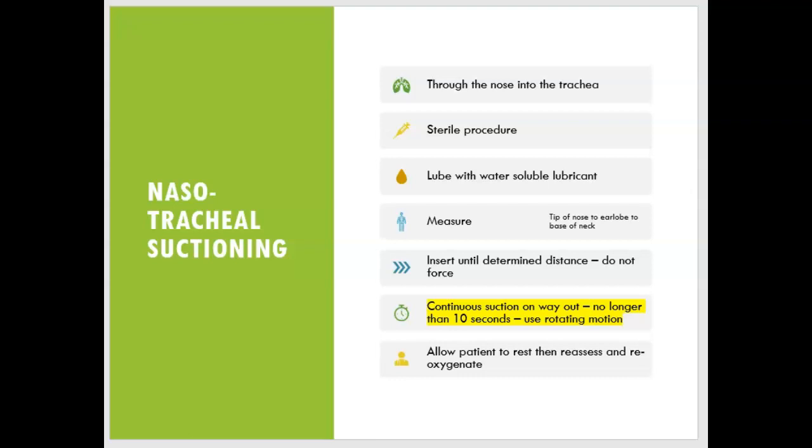The reason that is done is because usually these suction catheters have holes on the sides of them. So you want to make sure that you rotate the suction catheter so that you are getting secretions from 360 degrees of their airway.